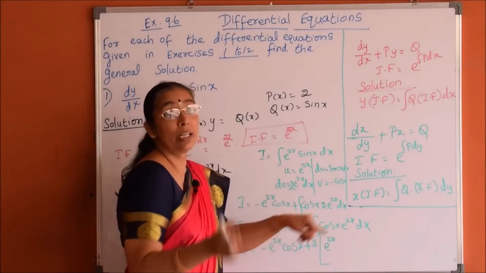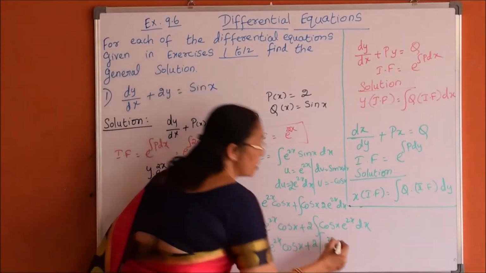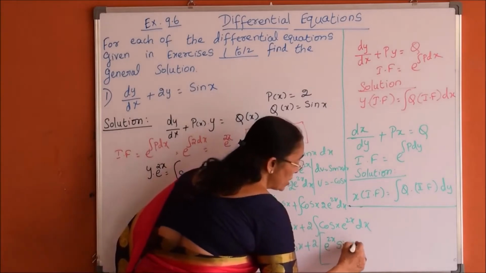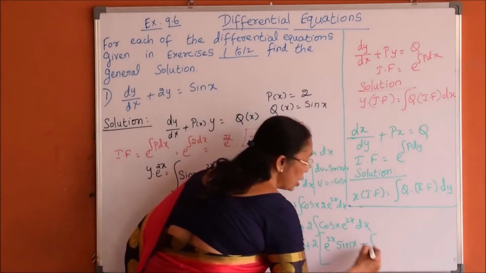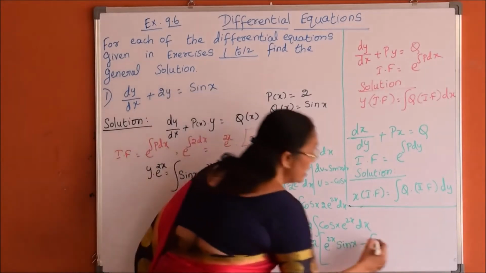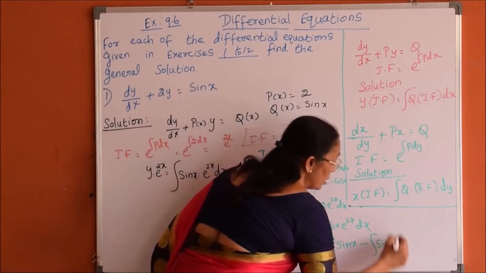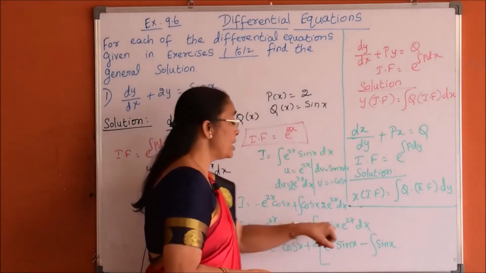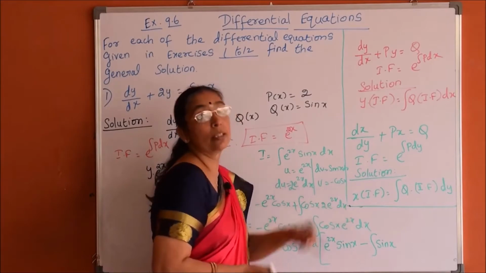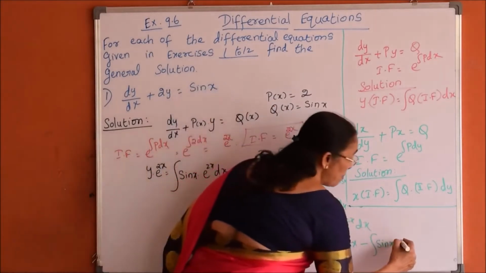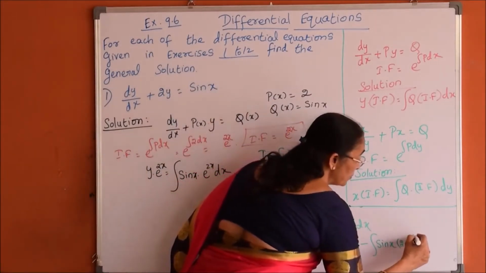So, v is integration of cos x which is sin x. So, e power 2x sin x minus integration of v, v is again sin x, and du, u is e power 2x, du is 2 e power 2x dx.